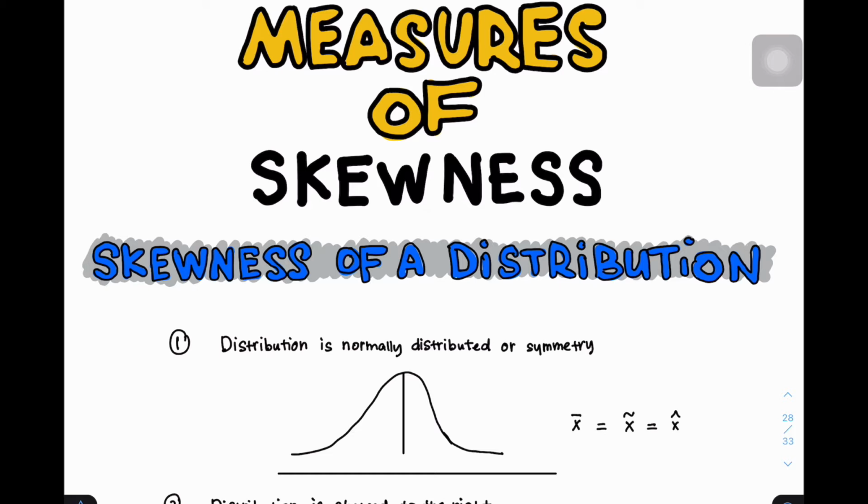Kita measure the dispersion of the data set. Okay, so coefficient of variation adalah rentetan daripada measure of dispersion, di mana standard deviation can be used to measure the dispersion of the data set, dan coefficient of variation can be used to measure the consistency of the data set. Okay, so now we want to see another measurement, which is the measures of skewness.